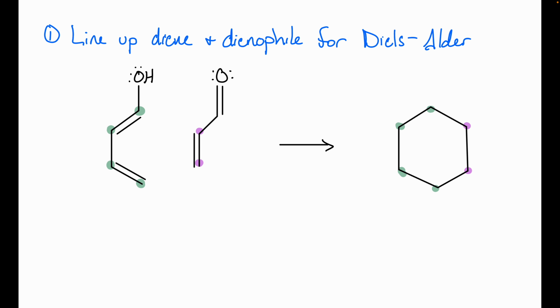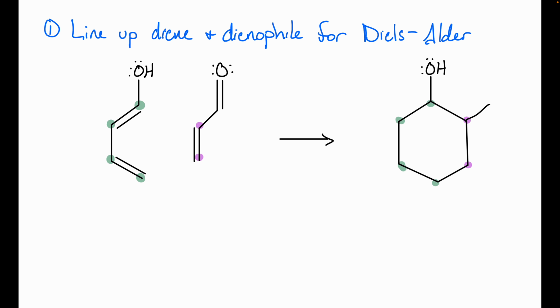All right, now I'm going to make sure I decorate these with these functional groups here. So on that first green carbon, I need my OH group. And on that first purple carbon, I need that aldehyde group, right, my carbonyl.